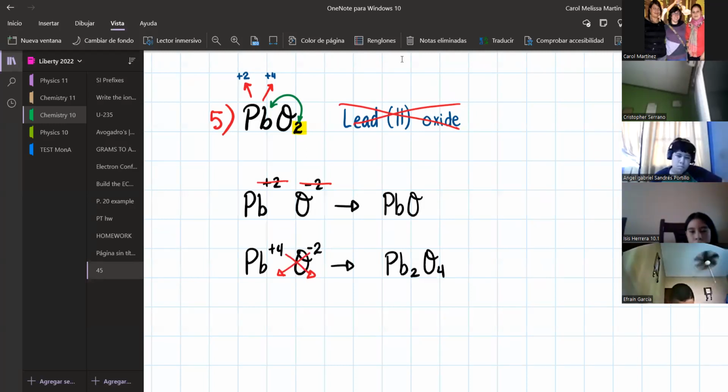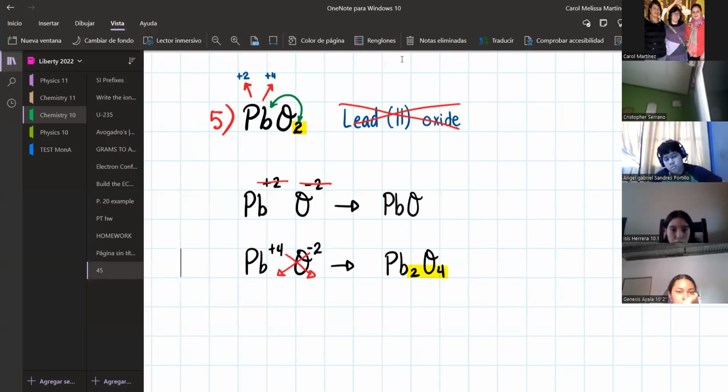But remember this, sometimes we need to simplify the subscripts. Can we simplify these subscripts? 2 and 4 can be simplified? Yes. Both are divisible by 2.